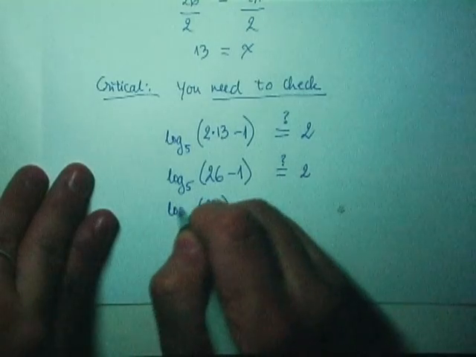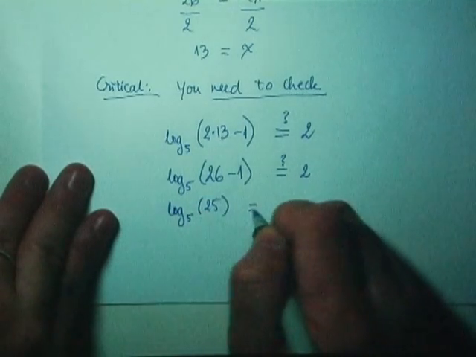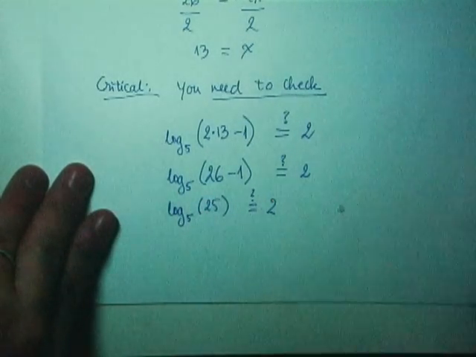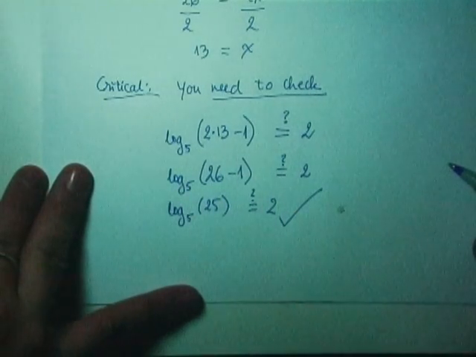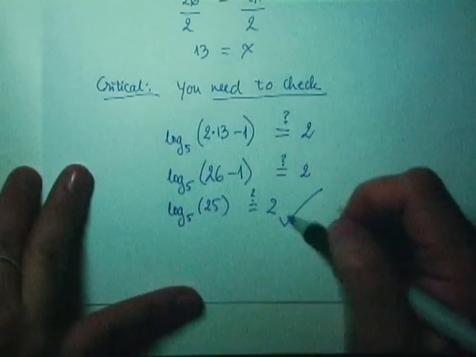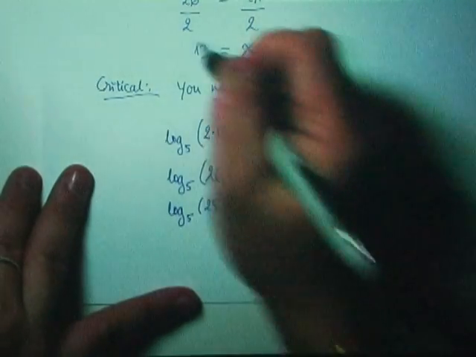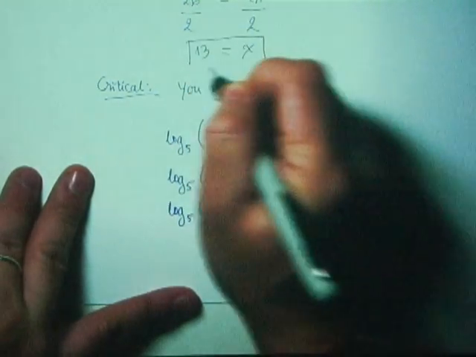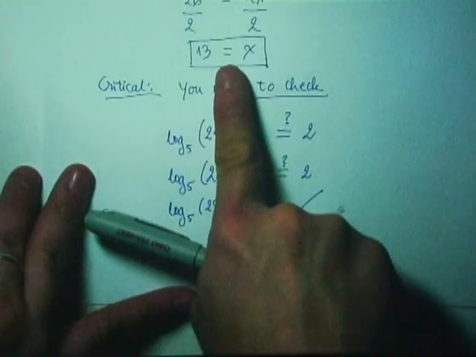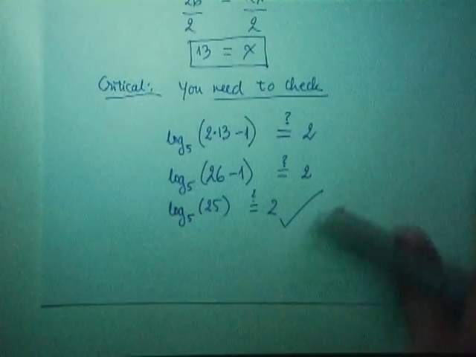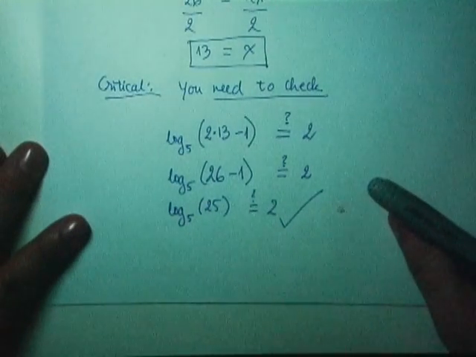So what I'm having here is log base 5 of 25 equals 2. Now, isn't the answer trivial now? So yes, as long as you can see the answer is trivial, where you can put a check on that final checking statement right there, then you can go back and circle your answer, as we are now checking the fact that x really equals 13. And that is how we solve a logarithm equation.